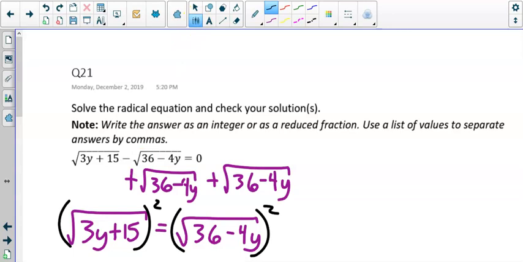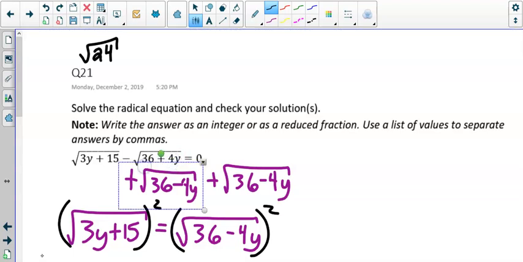So our y value was 3, right? So what's 3 times 3? 9 plus 15. 24. So we have the square root of 24 there. Okay? Let's check over here. What's 4 times 3?